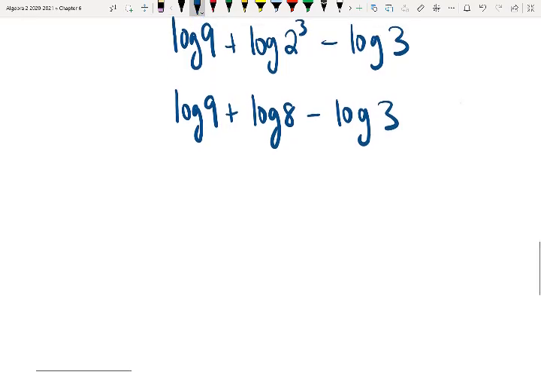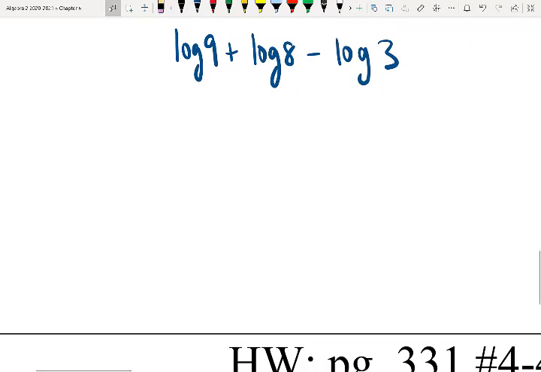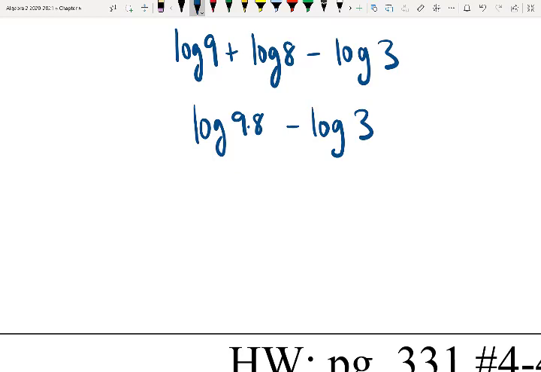So when I combine log of 9 plus the log of 8, that becomes multiplication: log of 9 times 8, and that's still minus log of 3. When I condense those all the way, it's log of 9 times 8 over 3.